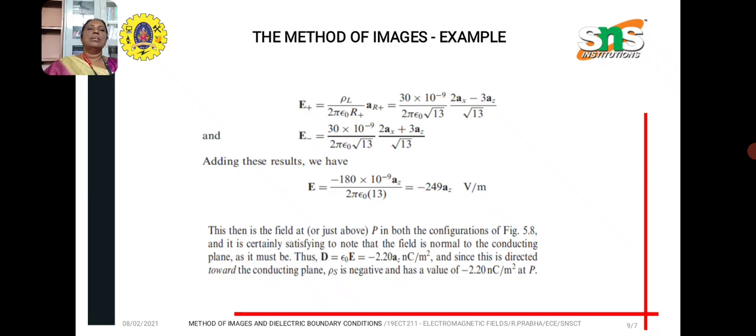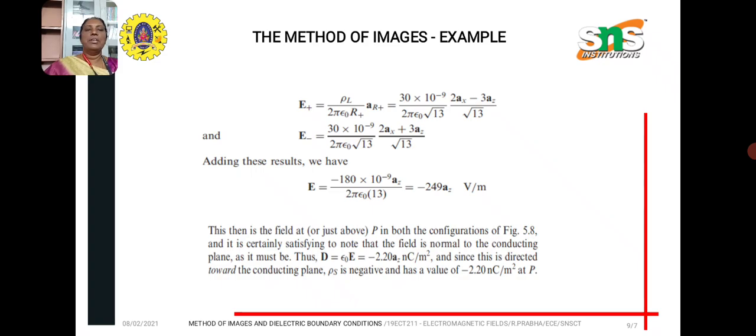Substituting all the values, with epsilon naught equal to 8.854 into 10 power minus 12, we get the final answer for the total electric field as minus 249 az. The unit is volt per meter.